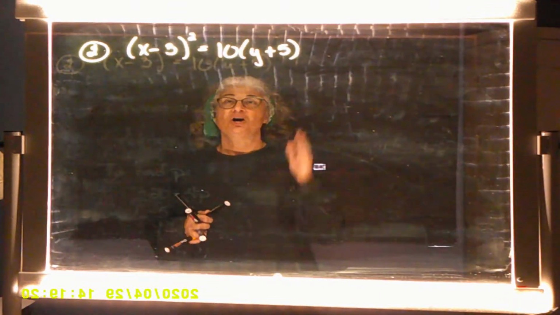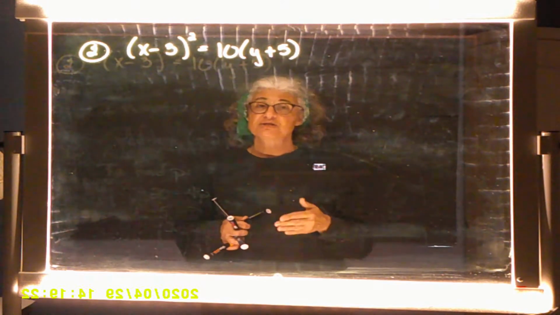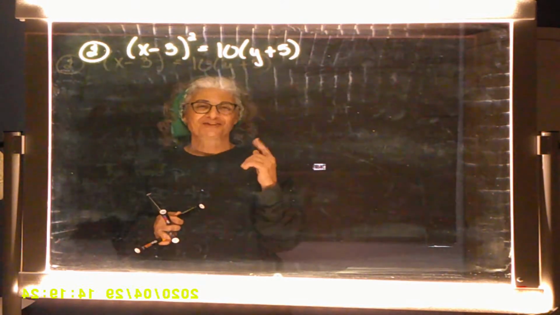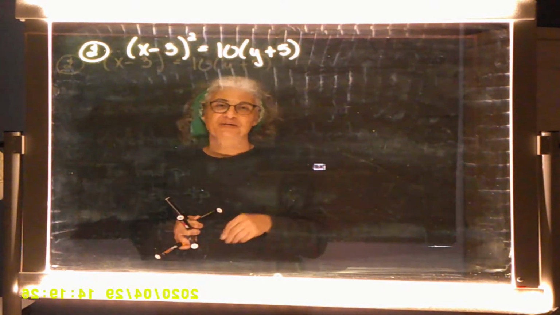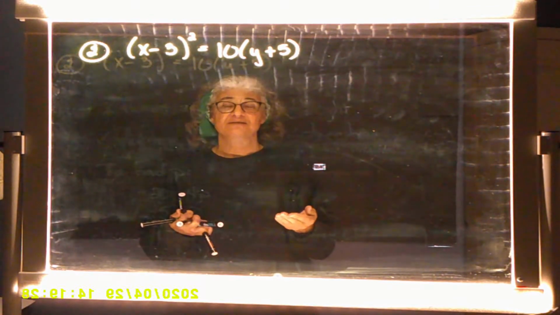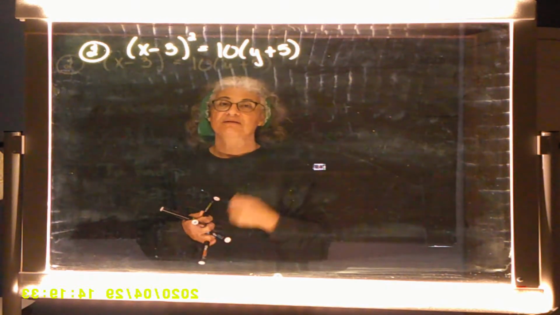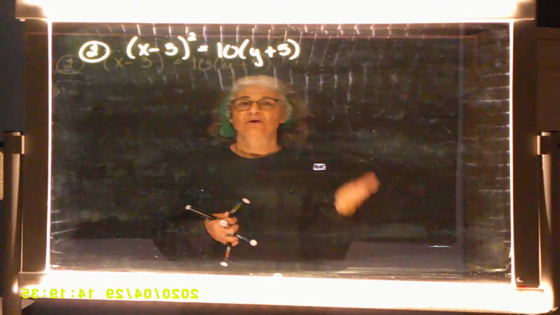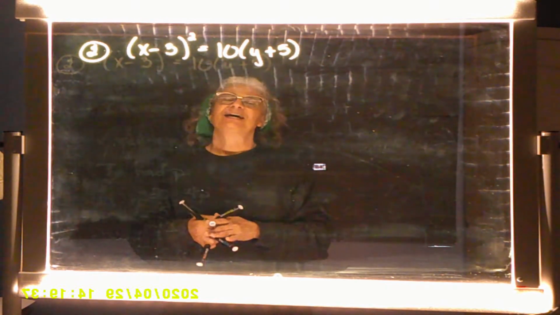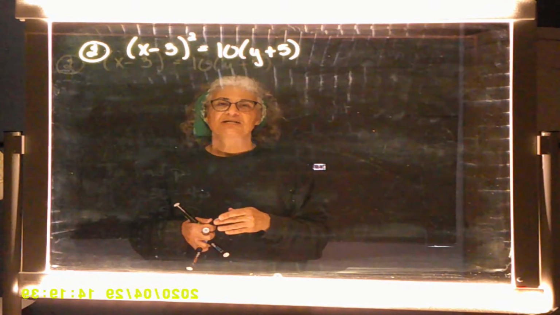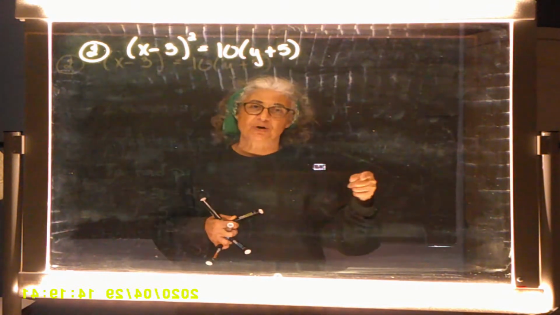Okay, let's look at this one. The directions are the same. Find the vertex, the focus, and the directrix. Now, question. How many variables are squared here? Good, only one. So is that a circle or is that a parabola? Excellent, it's a parabola. Because circles have x and y squared.